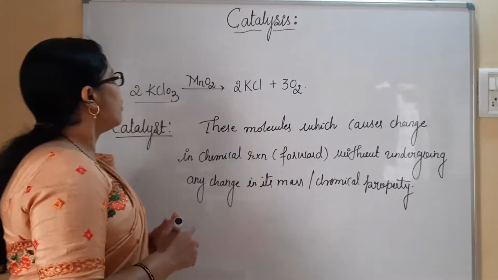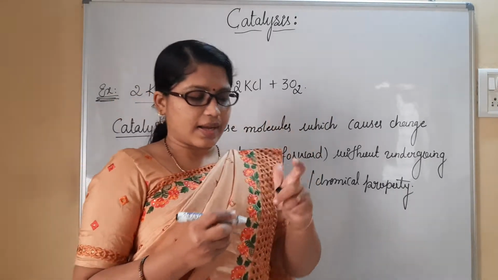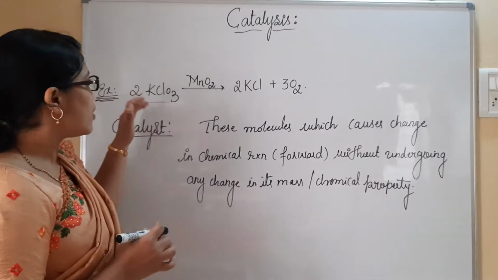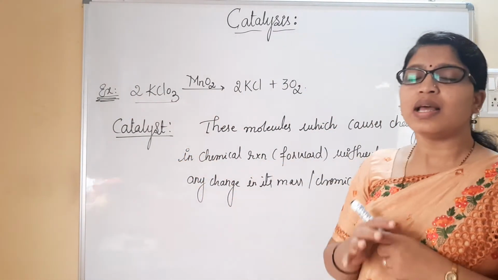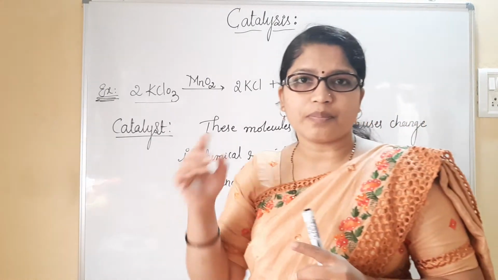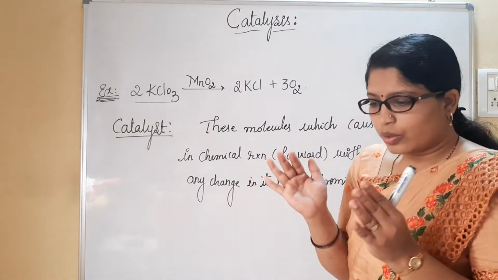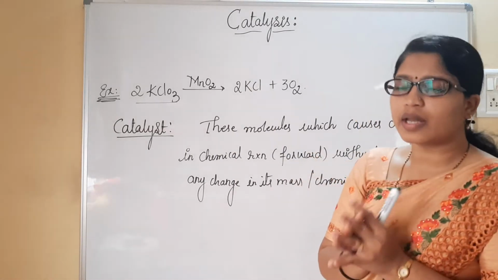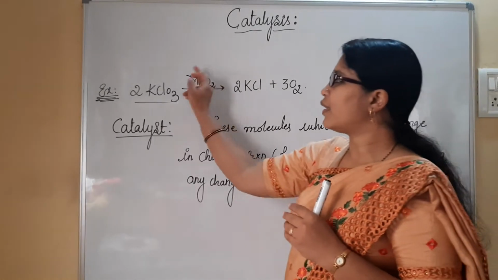I have written here one example of a catalyst-used reaction. The conversion of potassium chlorate to potassium chloride and oxygen requires a large span of time. In order to reduce the time and get the product within a short period of time, we make use of a catalyst.